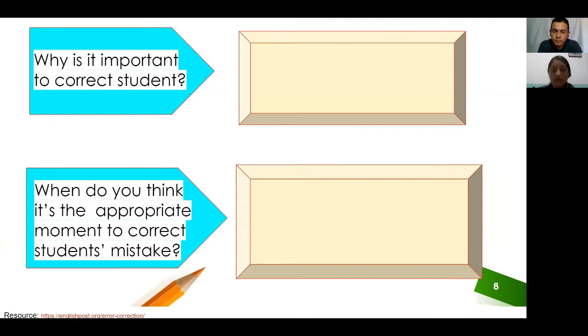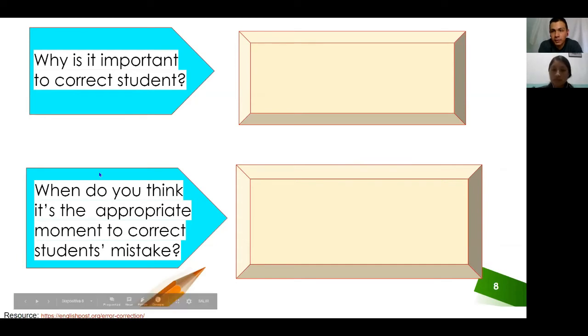So here I have two questions that I would like you to answer. The first one is, why is it important to correct students according to your experience? Well, according to my experience as an English teacher, I think it's good to correct students because that's the only way we learn. If we want to learn from our mistakes, we have to reflect on them, but sometimes we don't identify our errors.